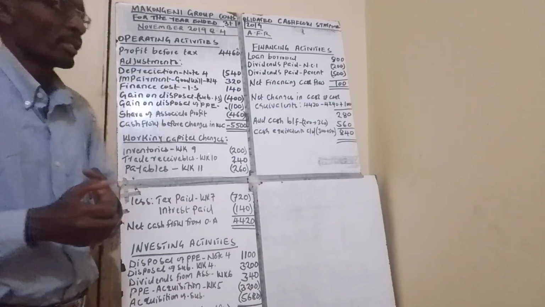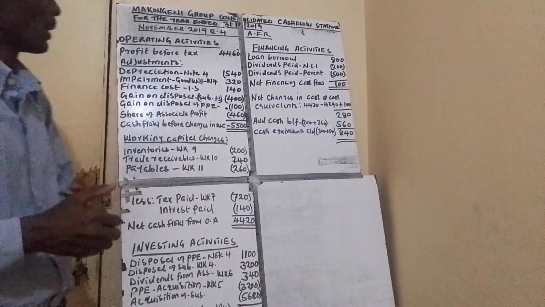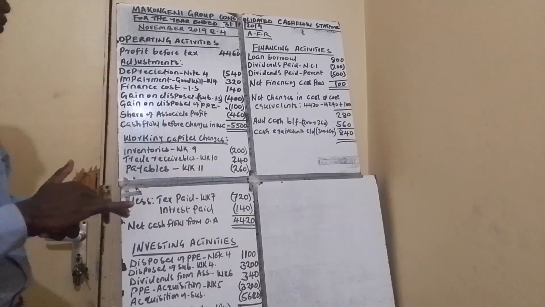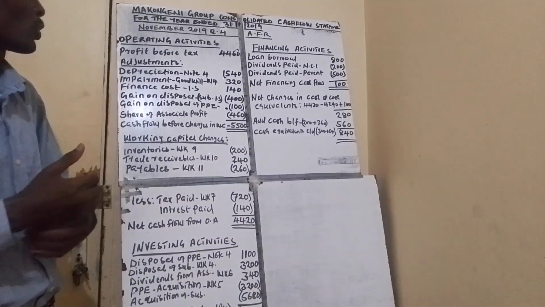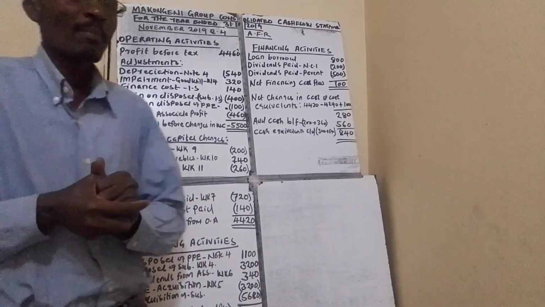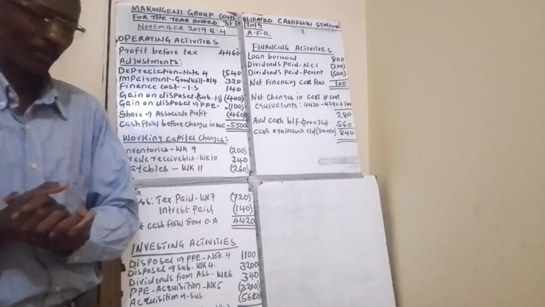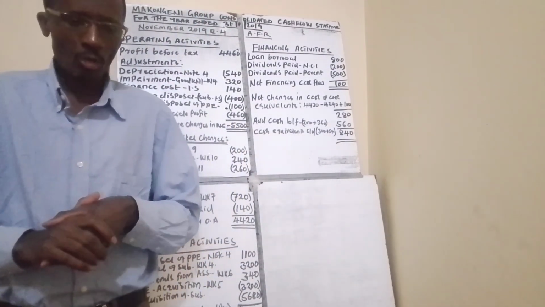What we're taking today, as I mentioned before, is advanced financial reporting, and we are taking a KASNEB paper, November 2019, question 4. KASNEB is the Kenya Accountants and Secretaries National Examination Board.